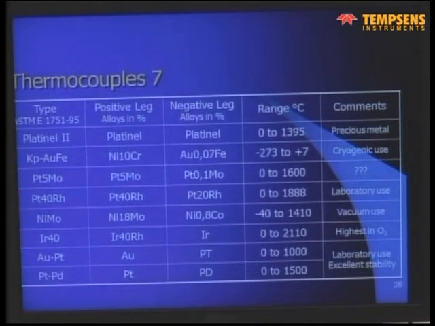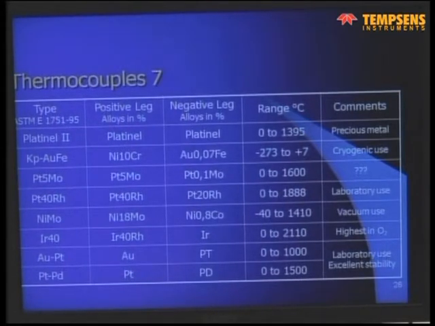So without reprogramming your transmitter or your measuring instrument, you can interchange a type K with a platinum 2. But it is a noble metal thermocouple.